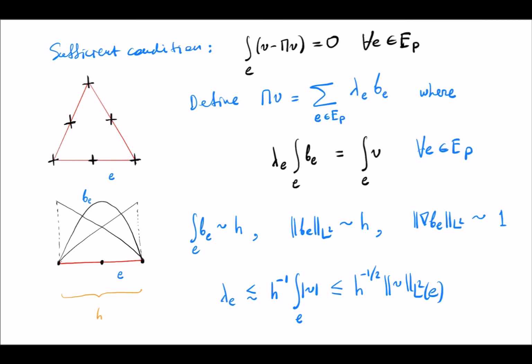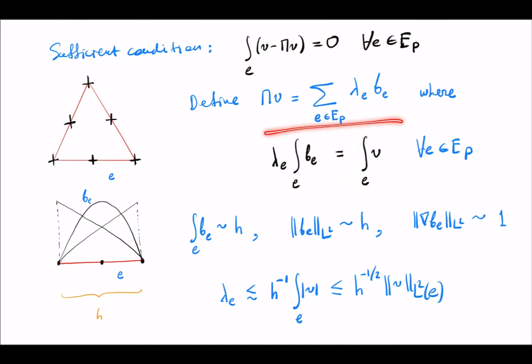So we are defining pi v as a linear combination of those bubble functions, where the coefficients are defined by this relation. You see that when you integrate this over an edge E, this sum will disappear, and it will pick up only one edge, and integrating, because lambda is constant, it will be just integrating over here, and that we want to be the integral over v.